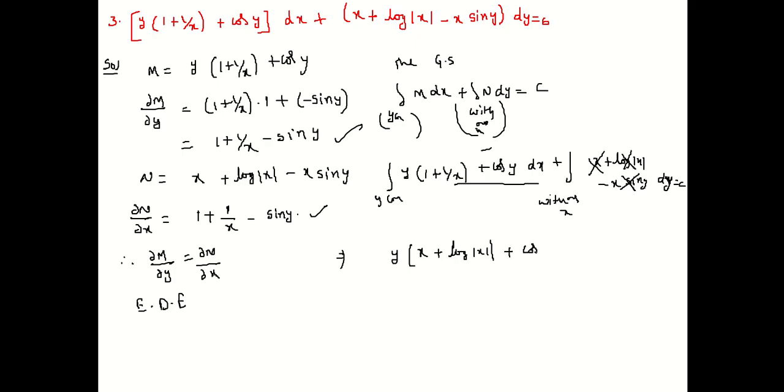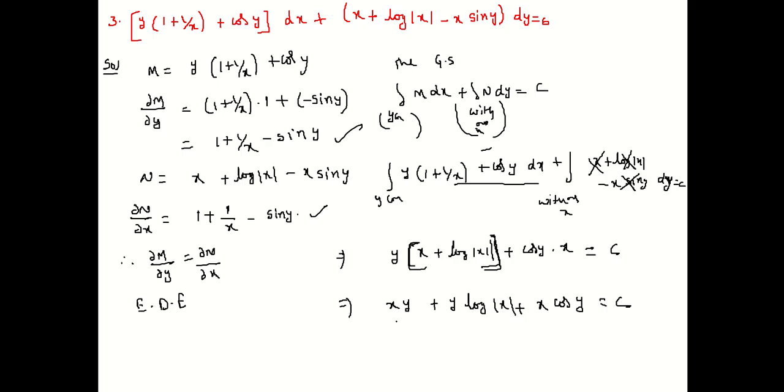Here cos y is constant, and the integral of 1 dx is x, equals c. Rewriting: xy + y log|x| + x cos y = c. Here y is common to both terms, 1 + 1/x, which after integration gives x + log|x|.